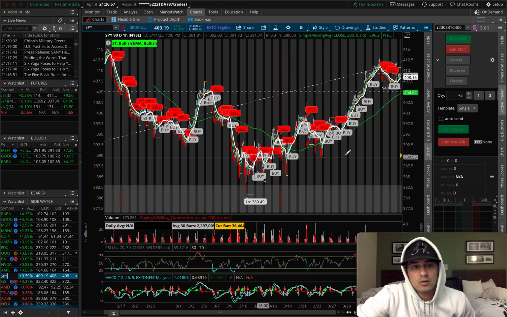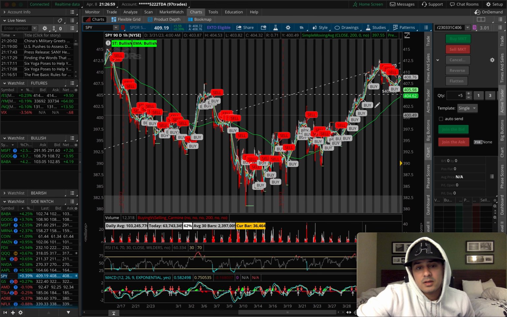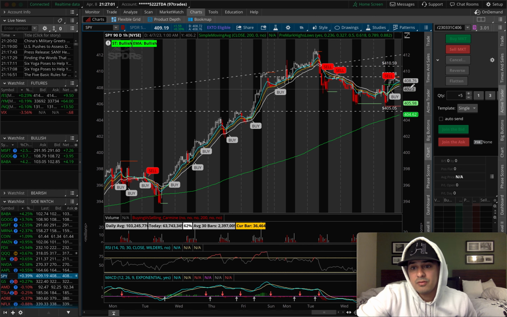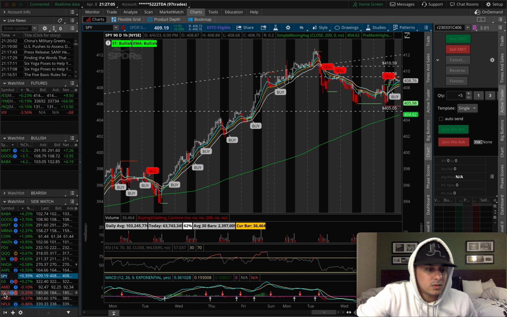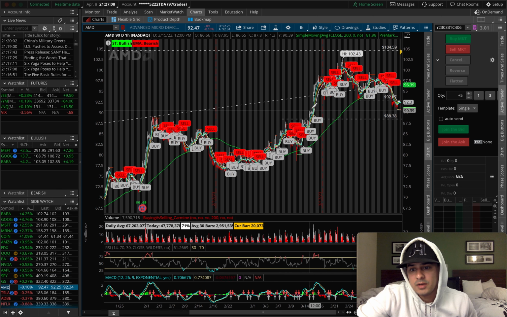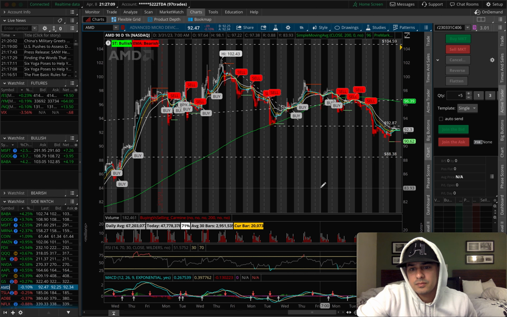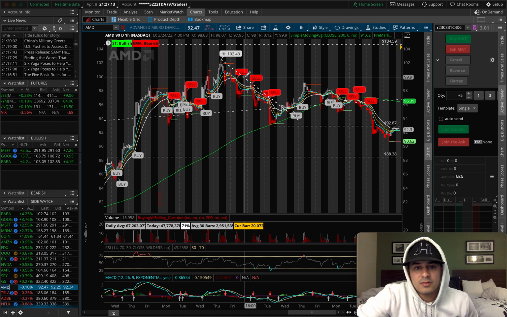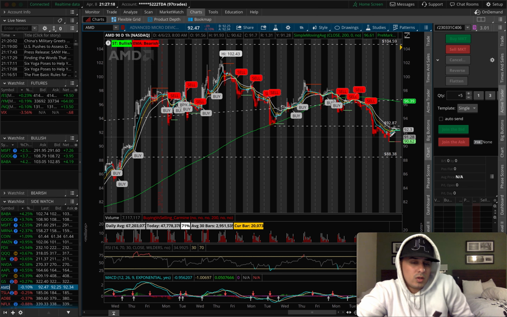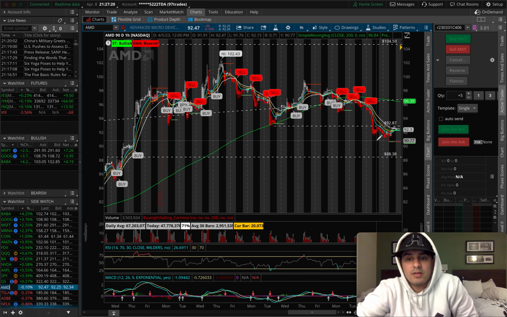And this is SPY, like I was talking about earlier, the ES ETF. It's pretty similar. Let's go ahead and go to AMD. Check out AMD. If I was to trade AMD, I wouldn't really want to add it to my watch list, but I could see how this could be a play.